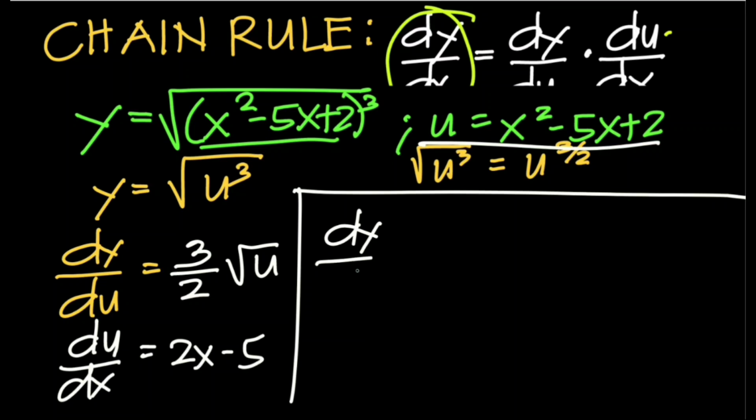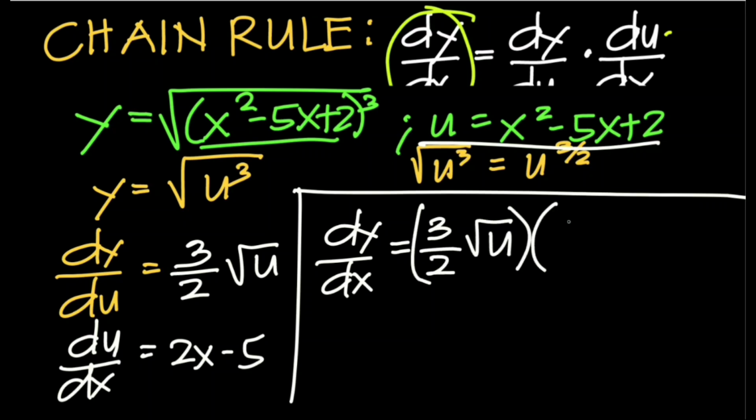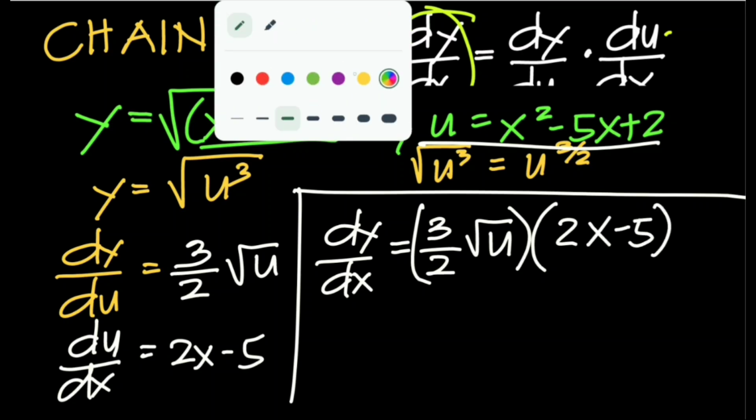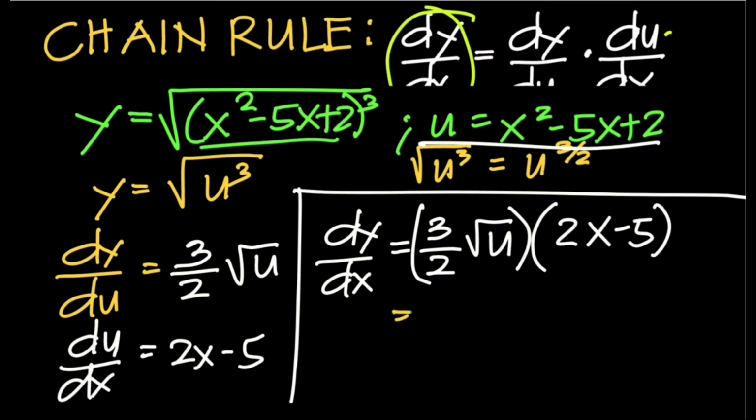Then dy over dx is just equal to the product of dy over du, which is 3/2 square root of u, times du over dx, which is 2x minus 5. And now we substitute back the value of u, which is this one.